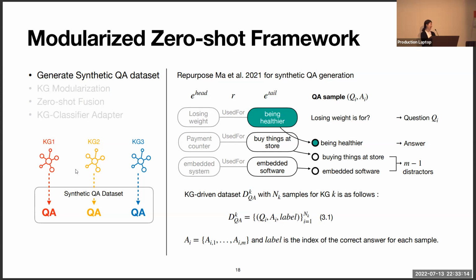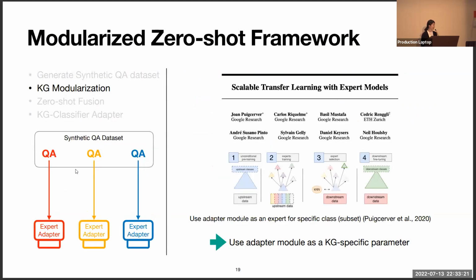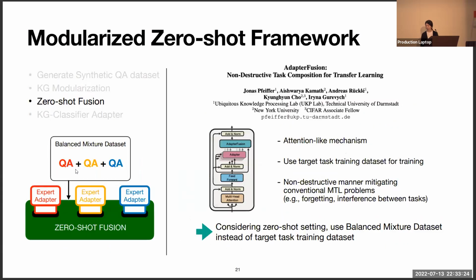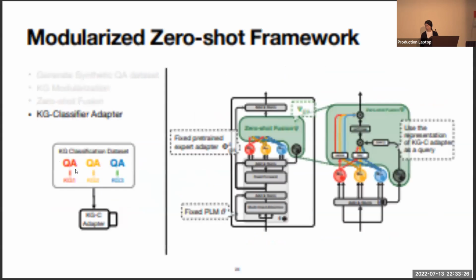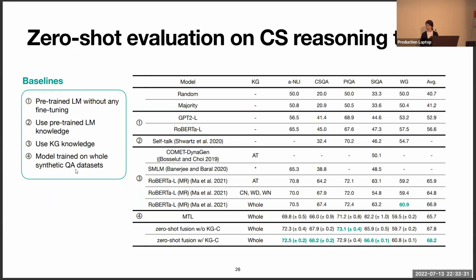I'll ask another question. So if you go to the first results where you have the PIQA data set, I'm not very familiar with that data set. So the results on the PIQA data set, are they statistically significantly better than the RoBERTa large system?